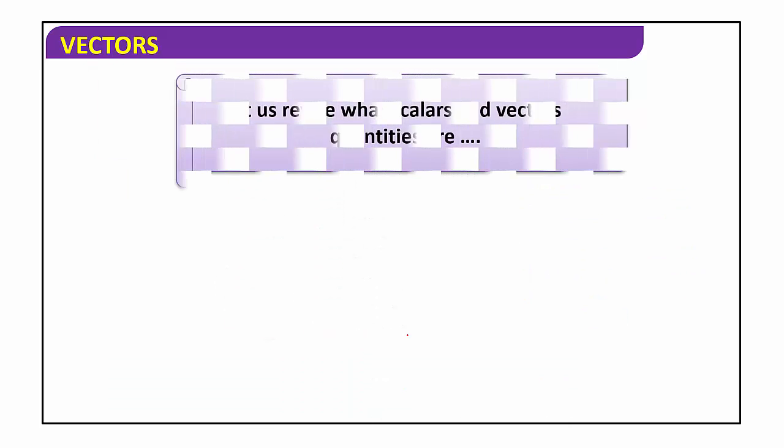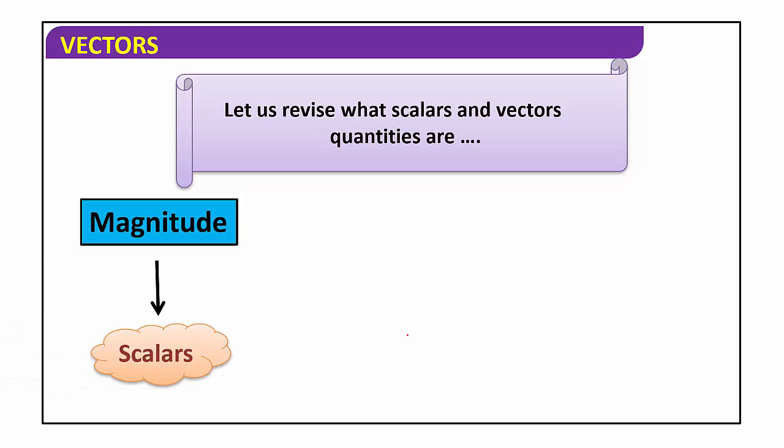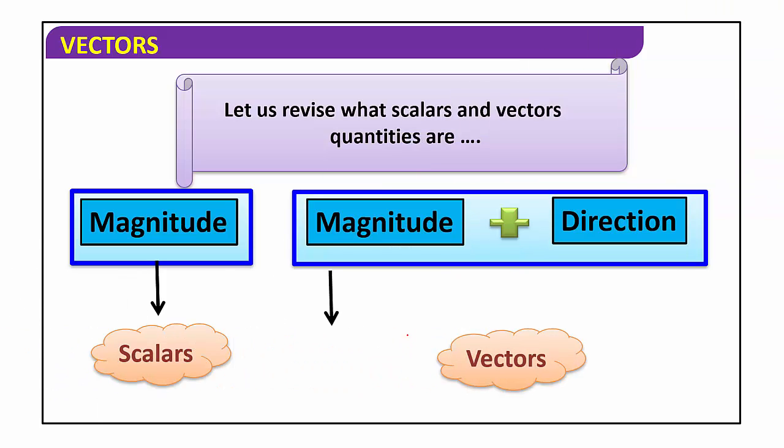Now let us revise what scalar and vector quantities are. If it is having only magnitude, then we can call it a scalar. If there is magnitude as well as direction, magnitude plus direction, we are going to call it a vector.